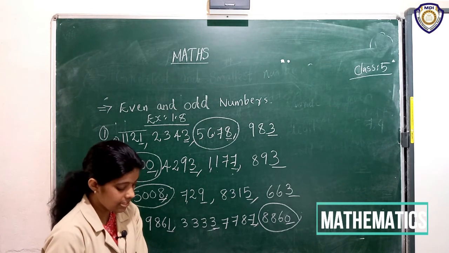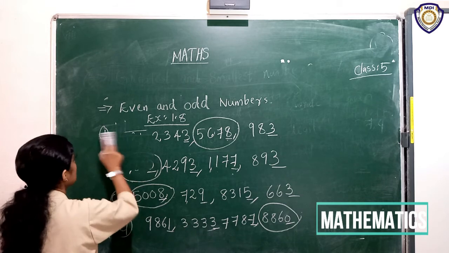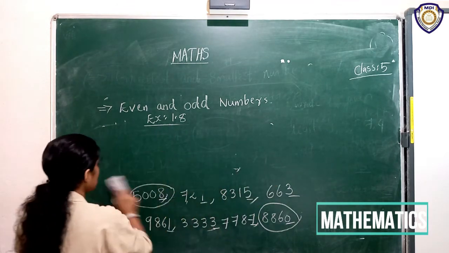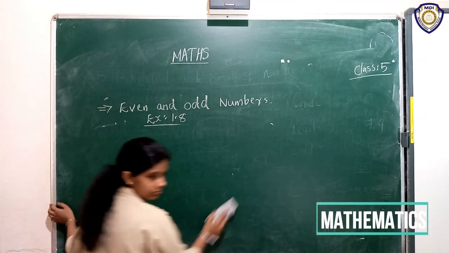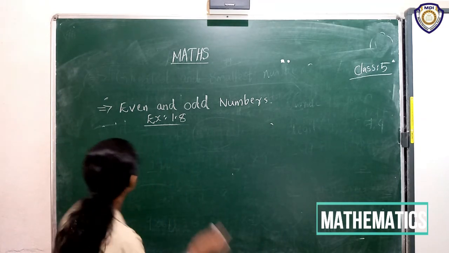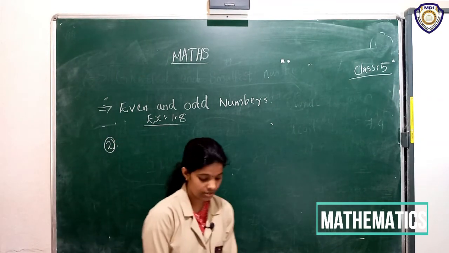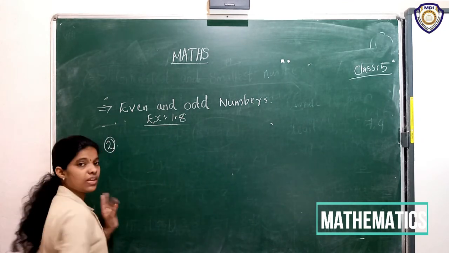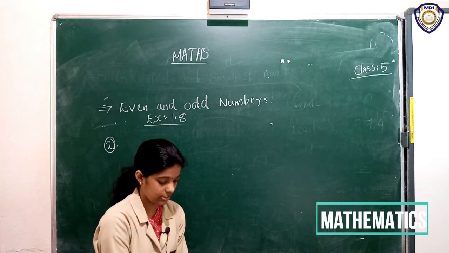Second one. Circle the odd numbers. I will explain only one question. The remaining are your homework.